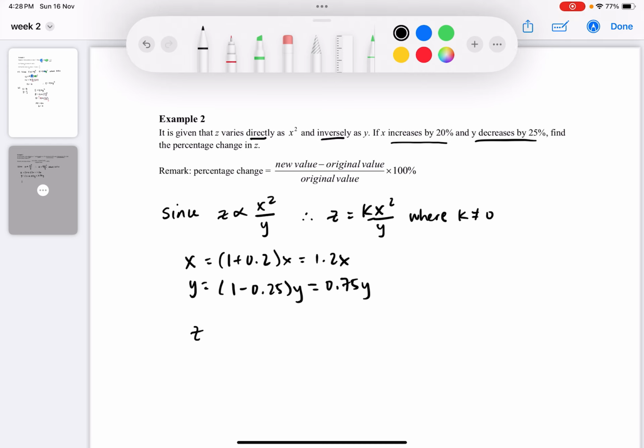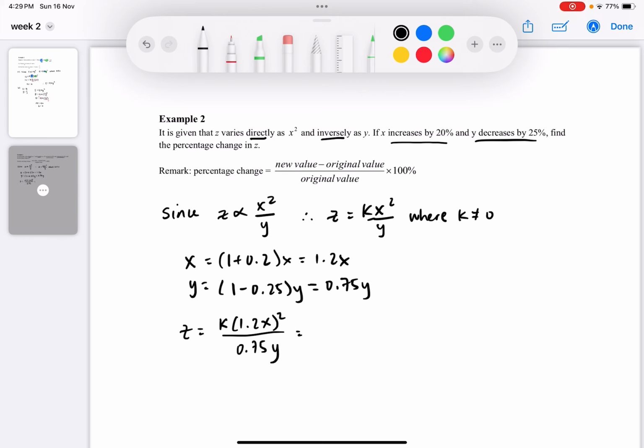So Z would be k, and I'll pop the numbers in: 1.2x squared over 0.75y.